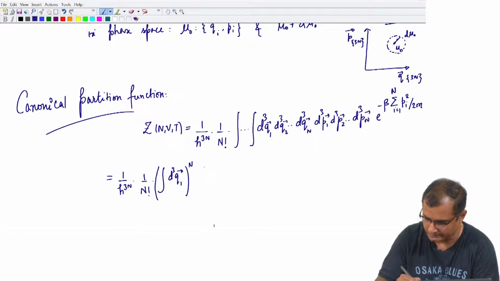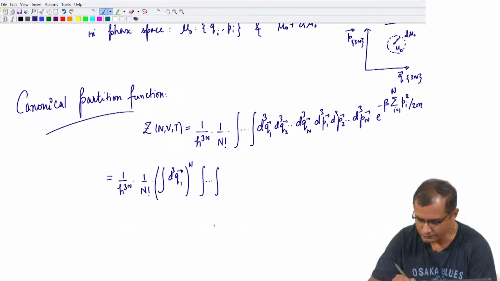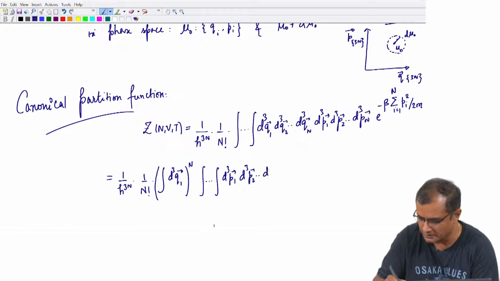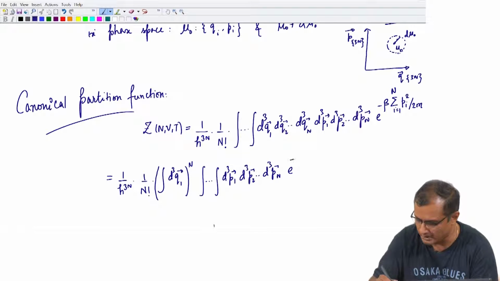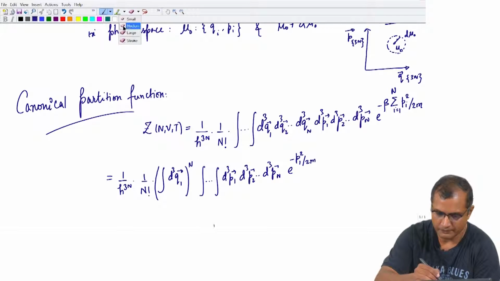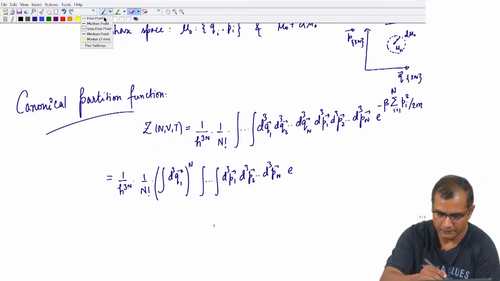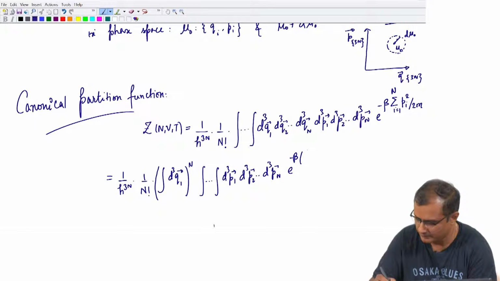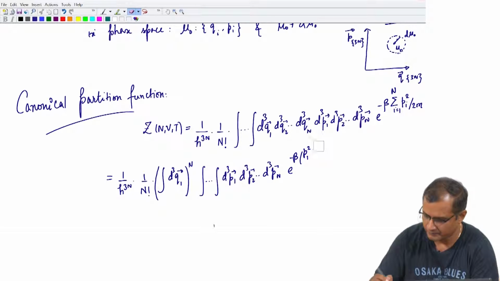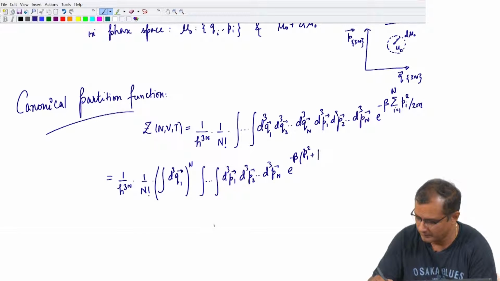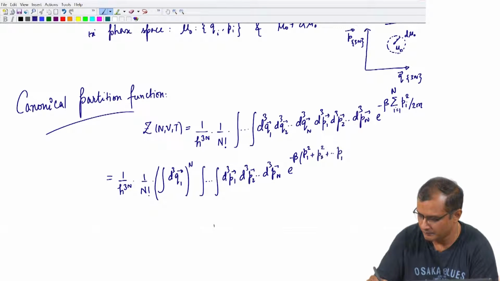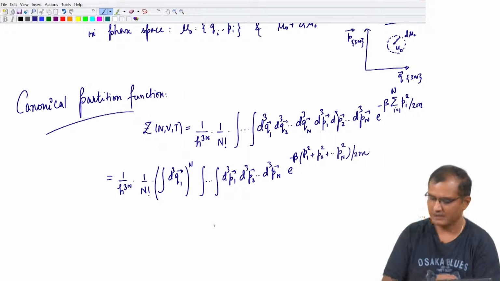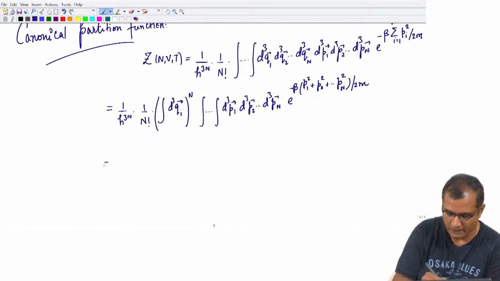I am going to write down this as the integral d cube p 1 into d cube p 2 all the way to d cube p n into e raised to minus beta p 1 square by 2m. Correct. So, now I can simplify this further.